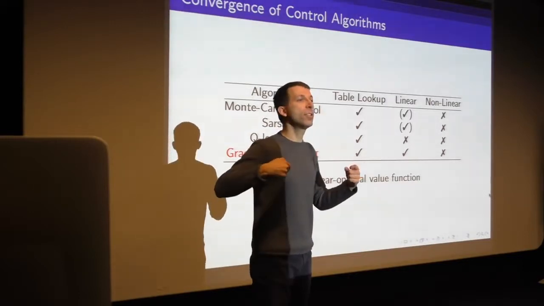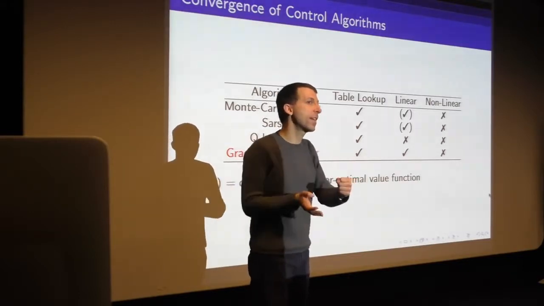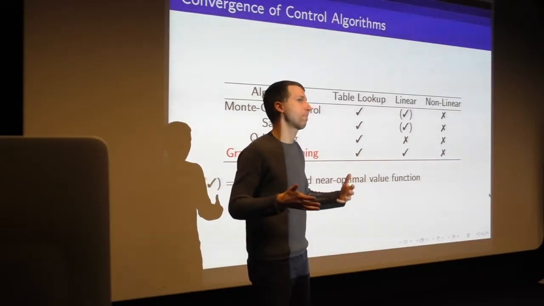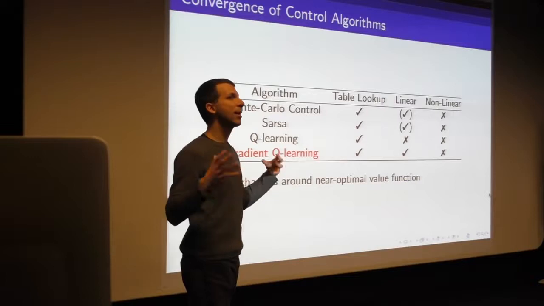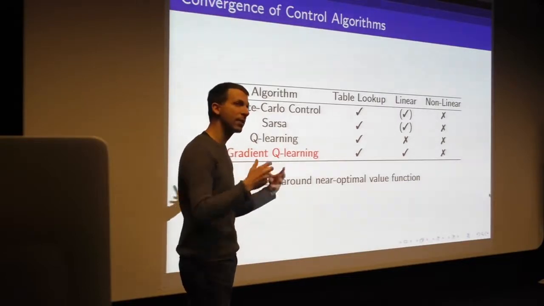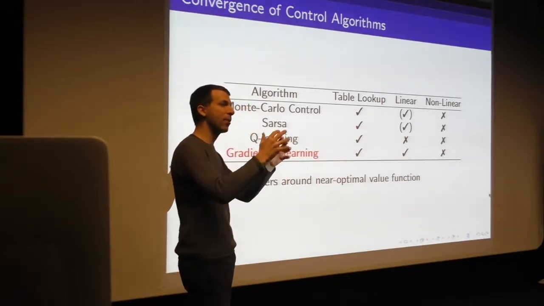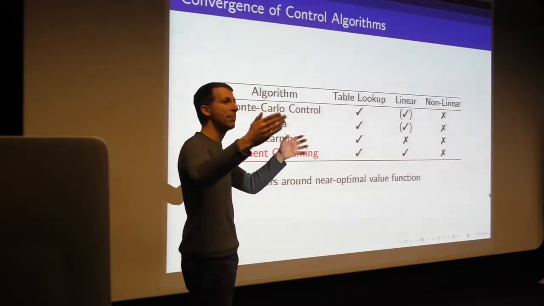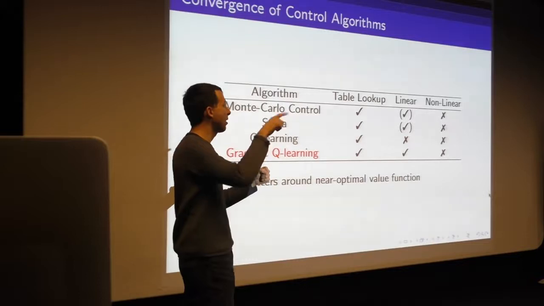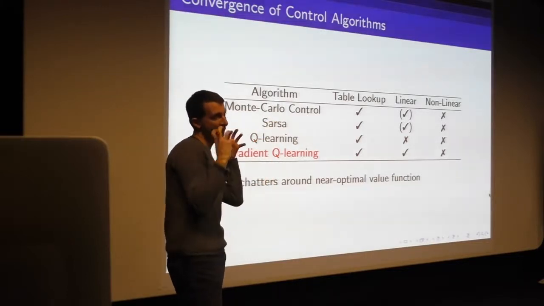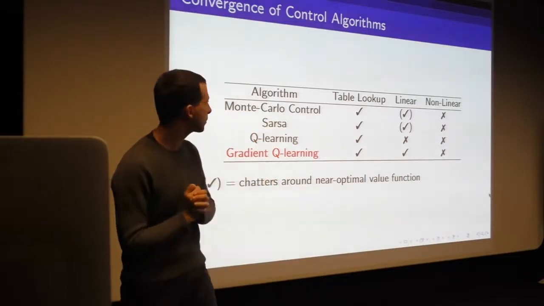There's no guarantee once you use function approximation that your improvement step is really improving the policy. You might take an epsilon greedy step, but we no longer have the guarantee that it's making progress at every step. You can make progress, then take a step away, and make progress, take a step away, and end up chattering around the optimal policy or the optimal value instead of ever converging to it.